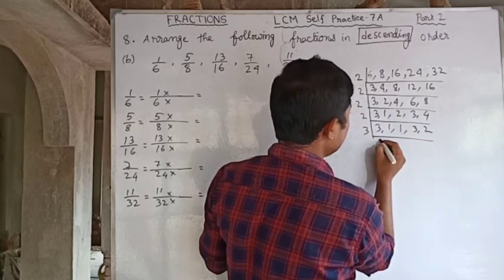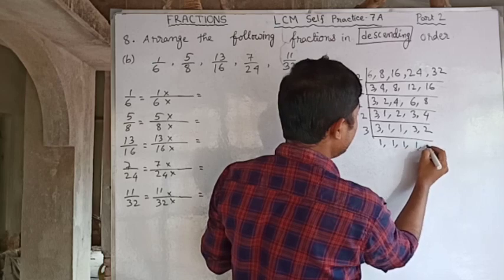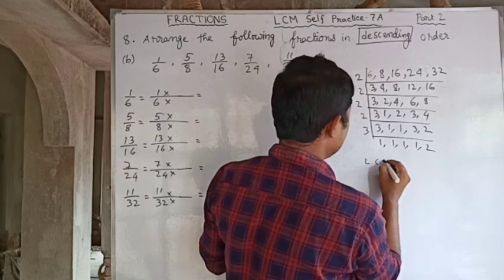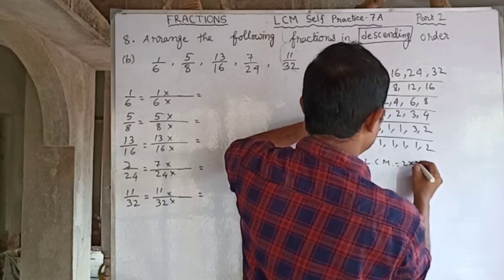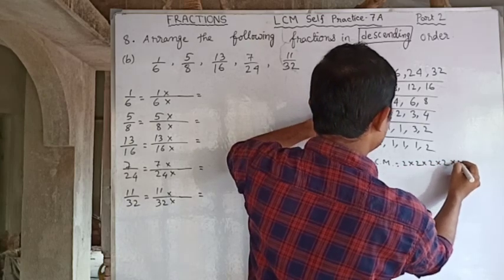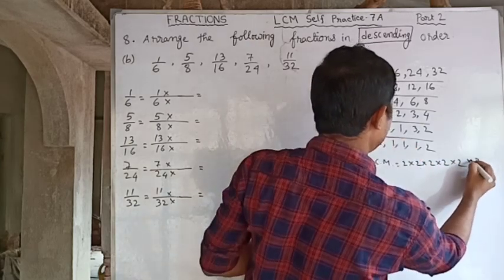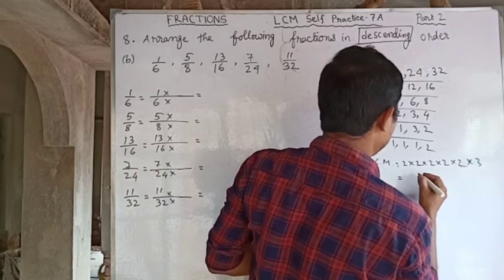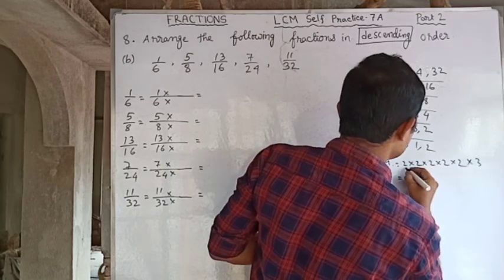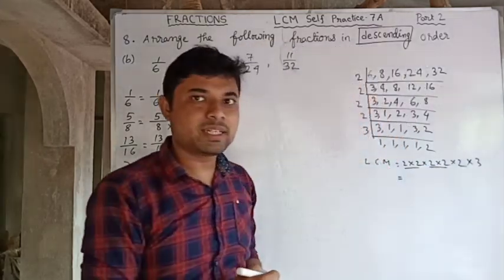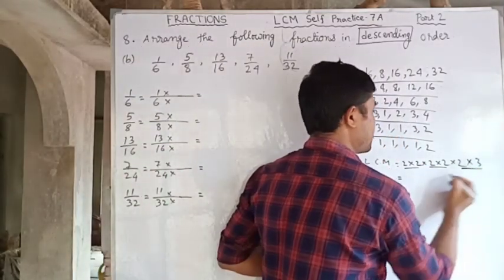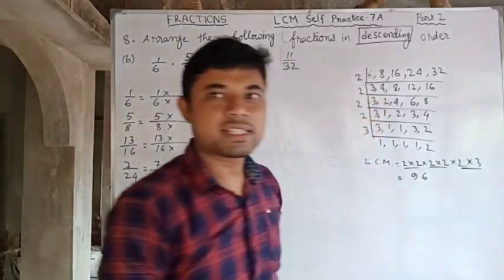Now by 3: 1, 1, 1, 1, 2. So what is the LCM? The LCM is 2 into 2 into 2 into 2 into 2 into 3. That means 4, 4 fours are 16, 16 into 6 is 96. 96 is the LCM.